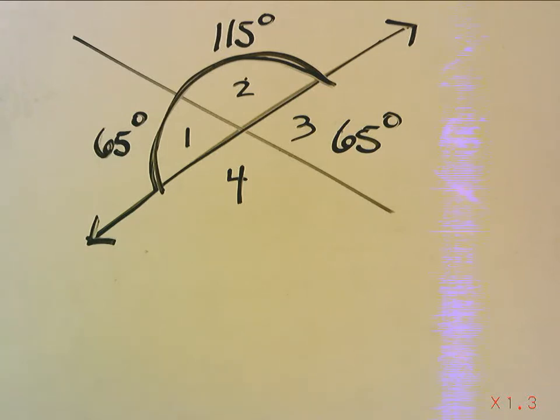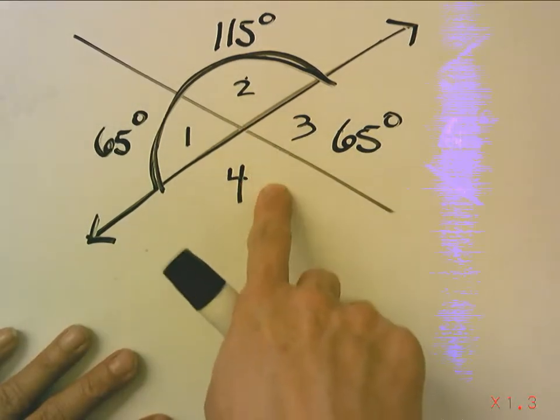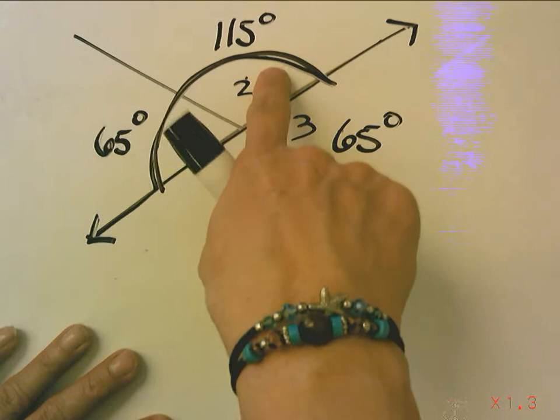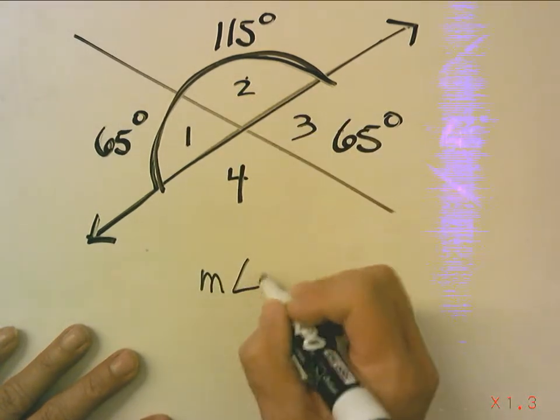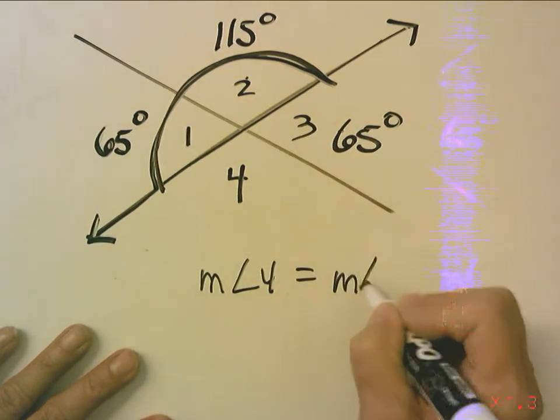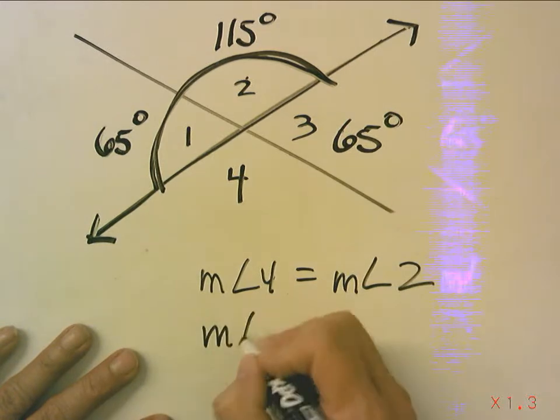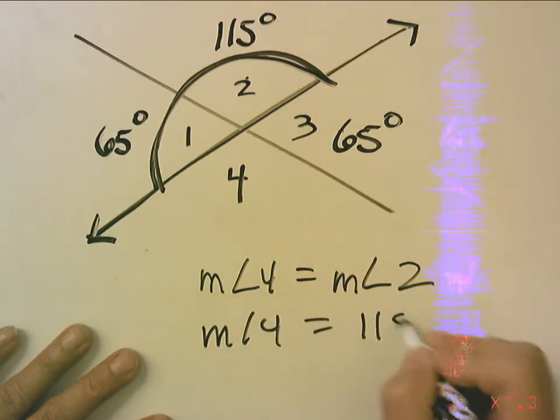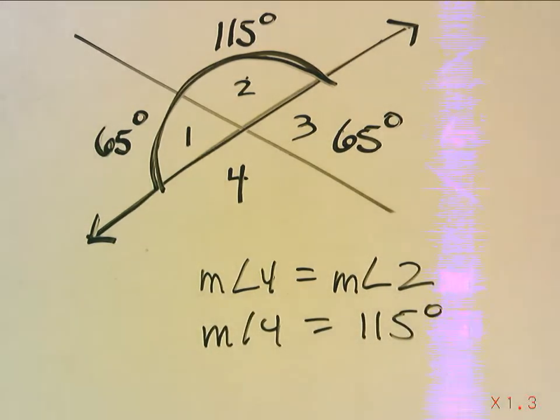Then they want us to find the measure of angle 4. Well, I know the measure of angle 4 equals the measure of angle 2. So the measure of angle 4 equals 115 because the measure of angle 2 was 115.